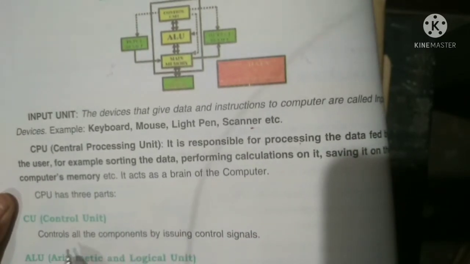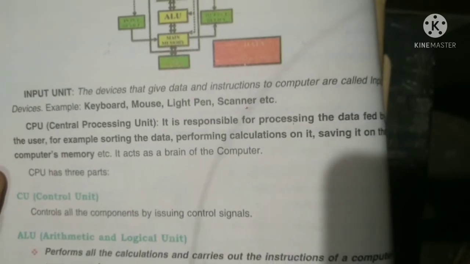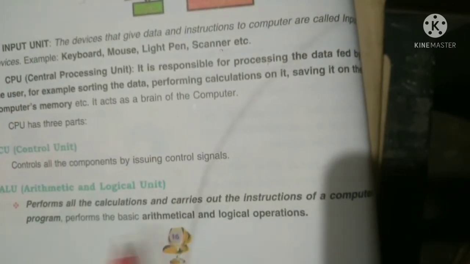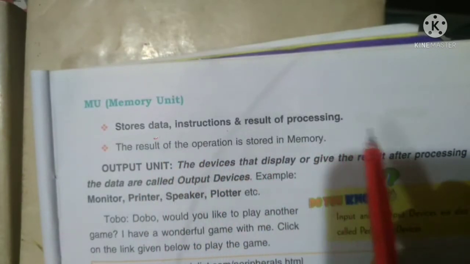CU, control unit, controls all the components by issuing control signals. ALU, arithmetic and logical unit, performs all the calculations and carries out the instructions of a computer program, performing the basic arithmetical and logical operations. MU, memory unit, stores data, instructions and results of processing.